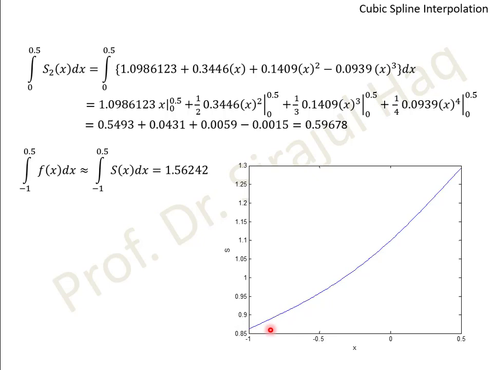When you look at the graph, this is a smooth and continuous curve, and this integration means that you are getting the area of this region. So you saw that we have data points, we replace the data points by a smooth and continuous curve and then compute the area under that curve.